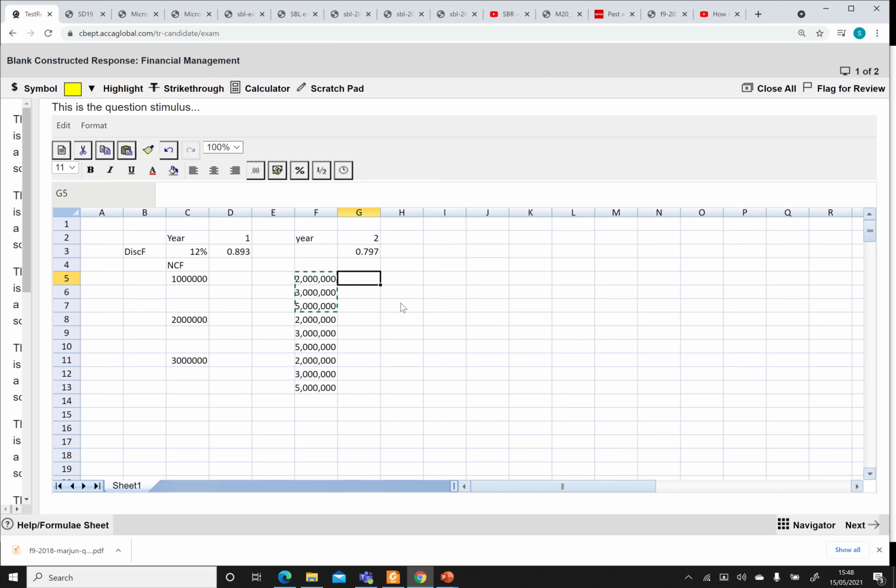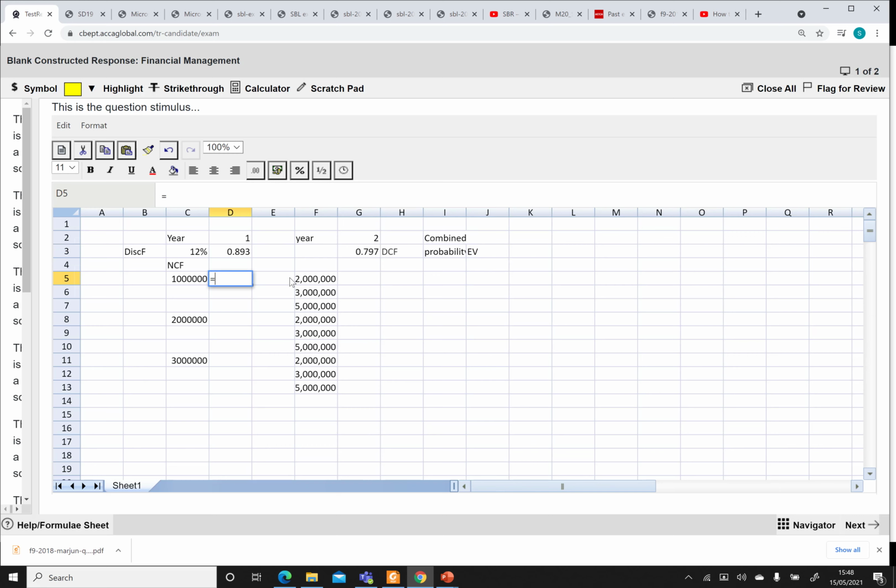Why is that going to be useful? Because what we're going to do is we're going to bring together our combined discounted cash flow, and we're going to bring together our combined probability. And that will give us our expected values.